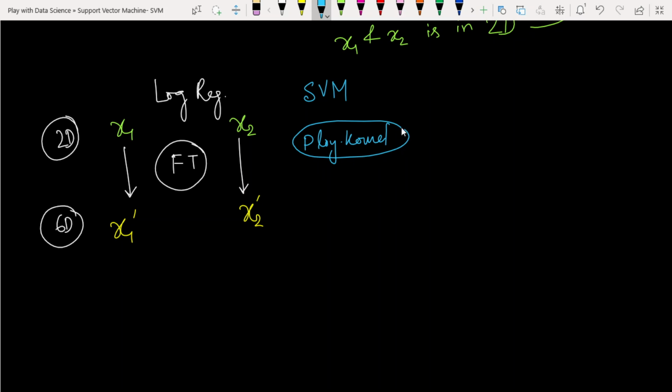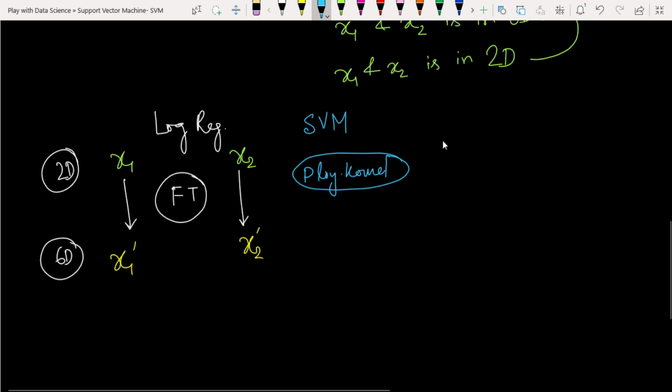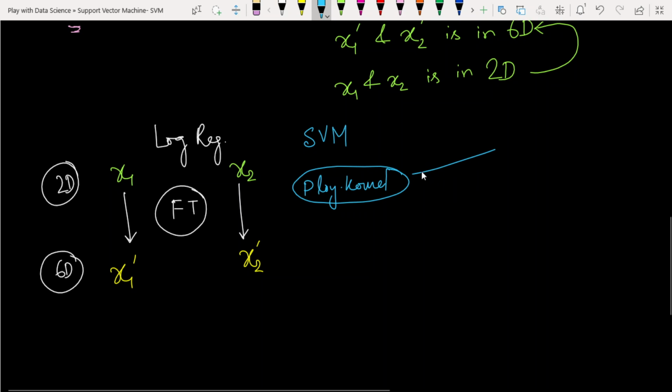For example, in SVM we use the polynomial kernel to transform this. Okay, and we will see that in this case our data is x1 transpose x2. Now, using the polynomial kernel, we get our data x1 dash transpose x2 dash.